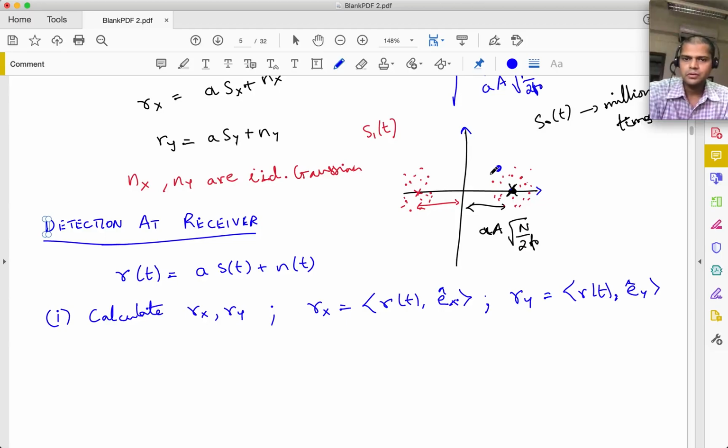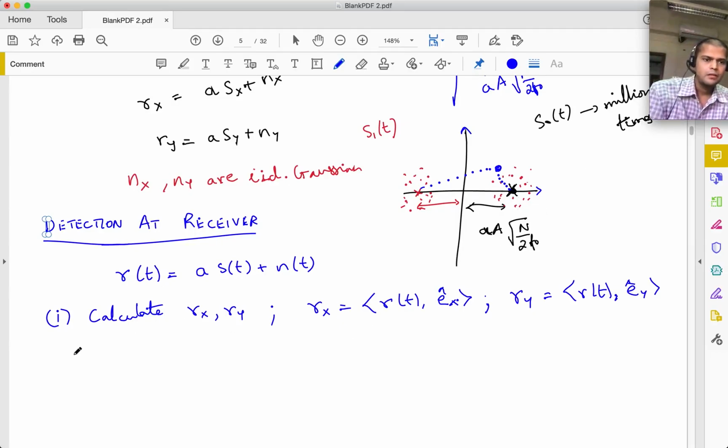That's what I want to know. It's straightforward over here because these are opposite sides of the y-axis, so we just have to look at the x component in this particular example.